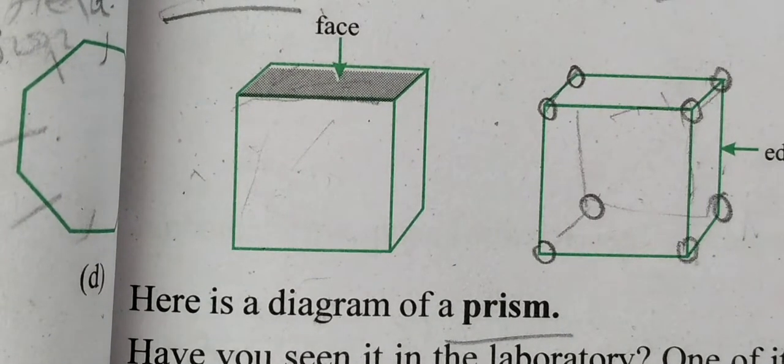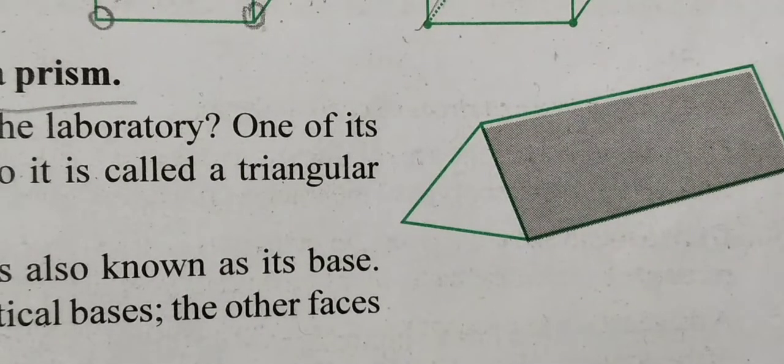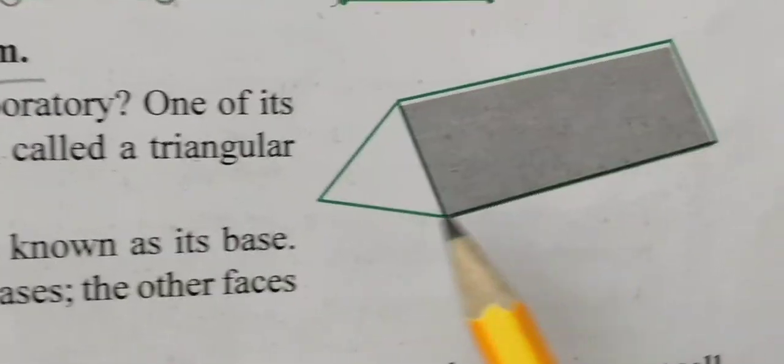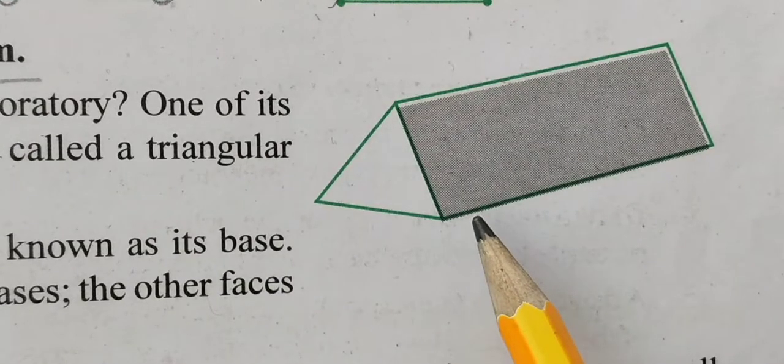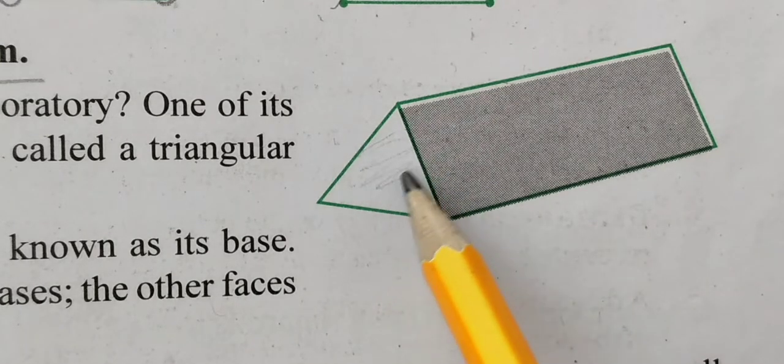Similarly, different shapes will be given to you and you have to tell how many edges, how many vertices and how many faces the given figure has. Let's take this triangular prism, where if I am asked to tell how many faces it has, then I have to count like this. This is one face, right?